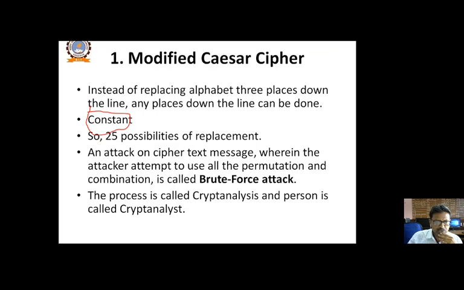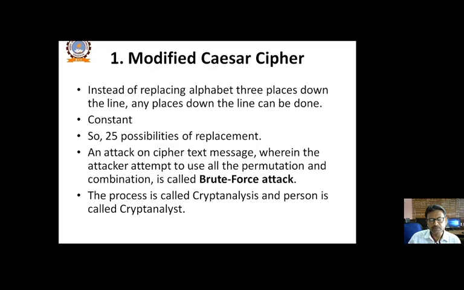So how many possibilities are there? There are a total of 25 possibilities, because there are 26 alphabets in the English language, and we normally use English as the mode of communication.